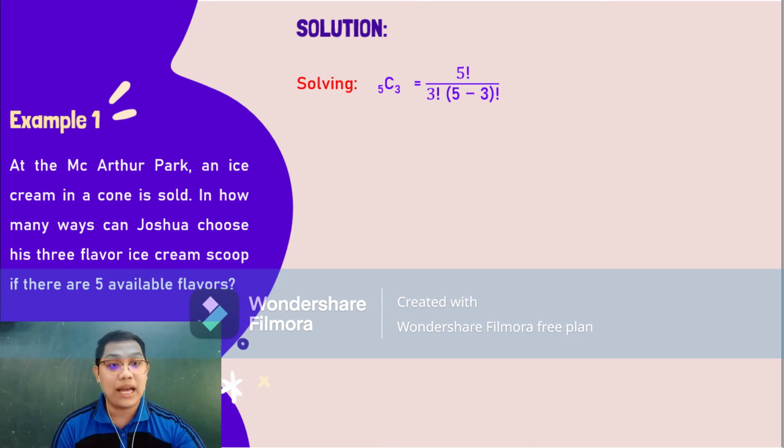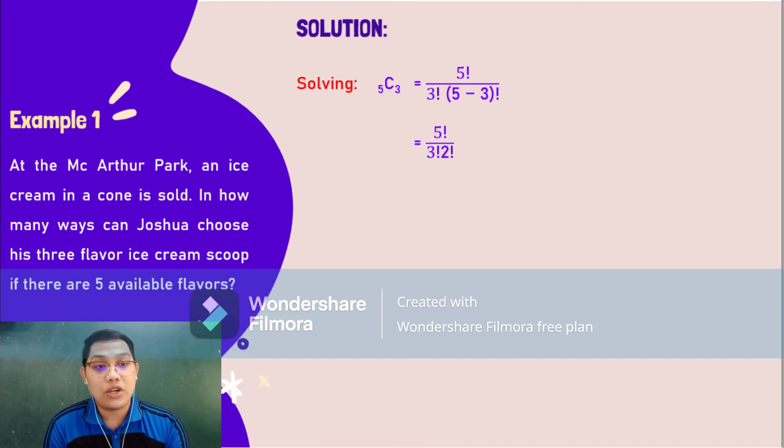Making our solution now, the combination of 5 taken 3 at a time is equal to 5 factorial over 3 factorial times the factorial of 5 minus 3. Then i-subtract nato si 5 of 3. 5 minus 3 is equal to 2.